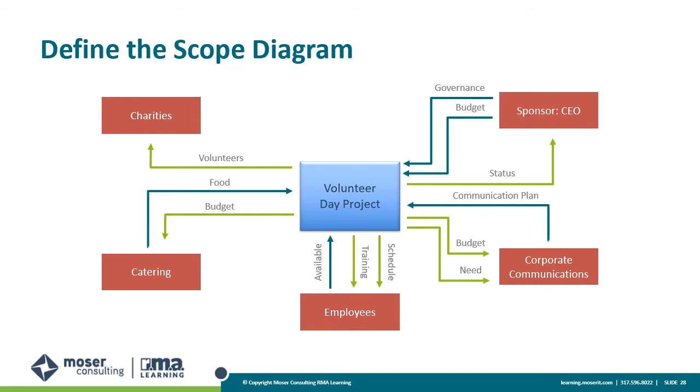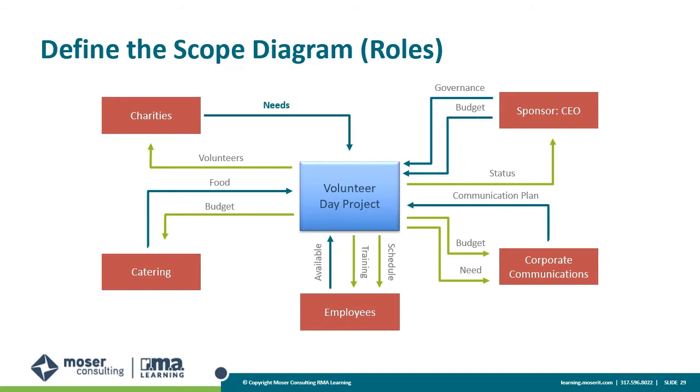So you can see that that's missing an arrow going back. That's what we've been talking about. So looking at the charity box now, you can see it's fixed. You can see the arrow with needs. It's going to the middle like all the others are doing, and things are getting back where they're supposed to be. So for charities, we get volunteers, and then we send needs to the project.